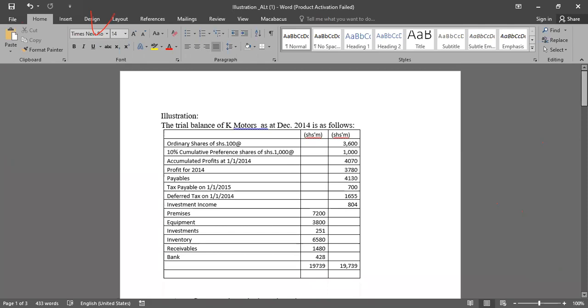Now market value, usually they tell you that if you sell this business or a share, they'll give you the price. If they give you the price, it's what you attach on the ordinary shares.